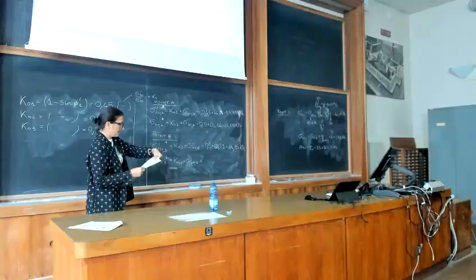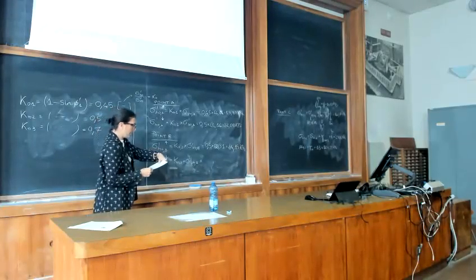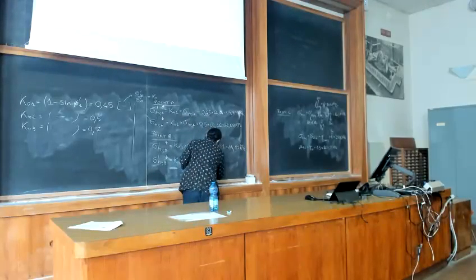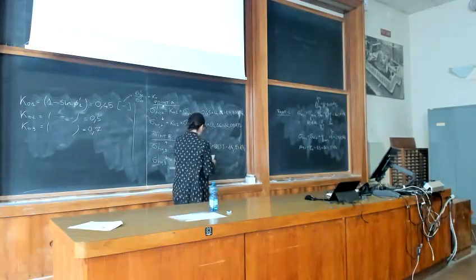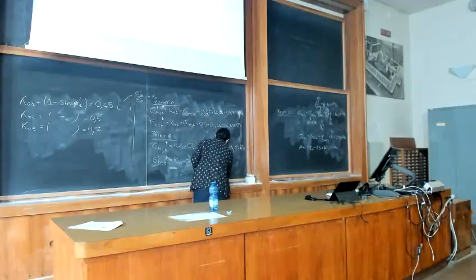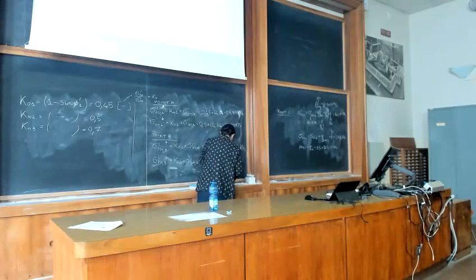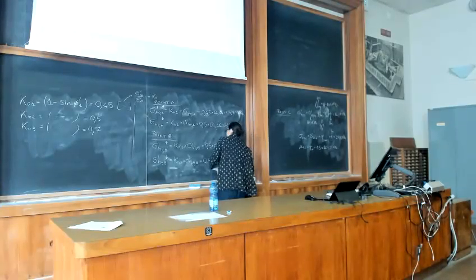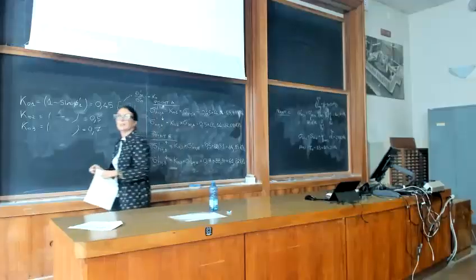And in layer 3, K naught is 0.7, which multiplies 88.31. And so you get 61.82 kPa. Okay?